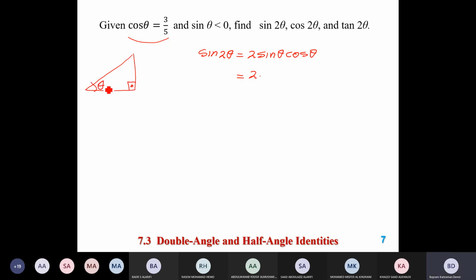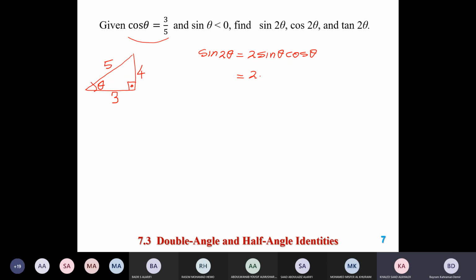So cosine is 3/5. That means this side is 3, this side is 5, and this side must be 4, right? And don't forget, you have to make sure about the location, the quadrant, Shabab. Where is the theta? Can anybody tell me where is the theta? Do I know anything about the theta?